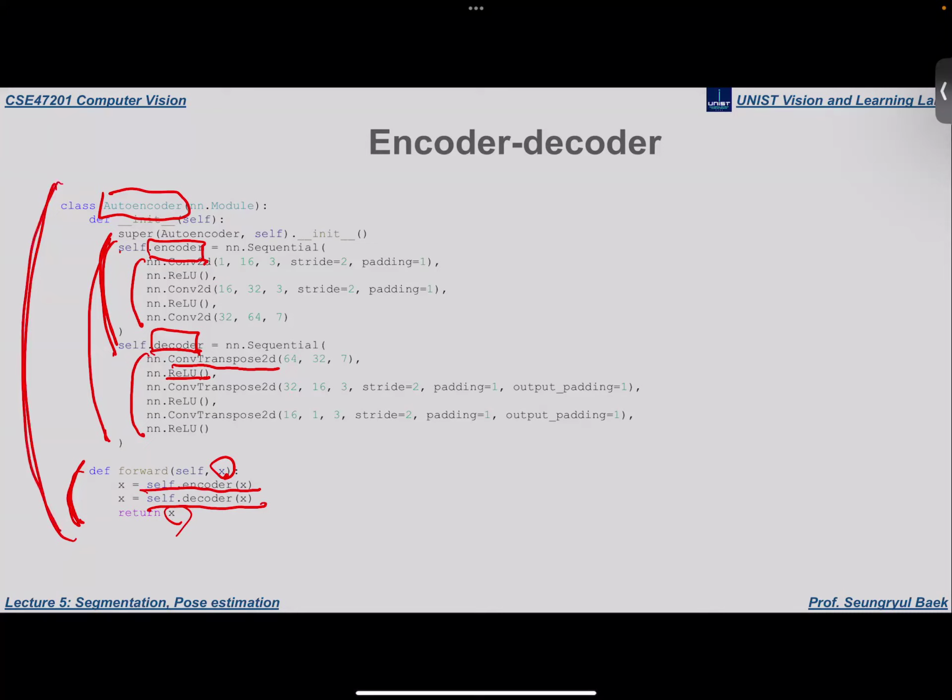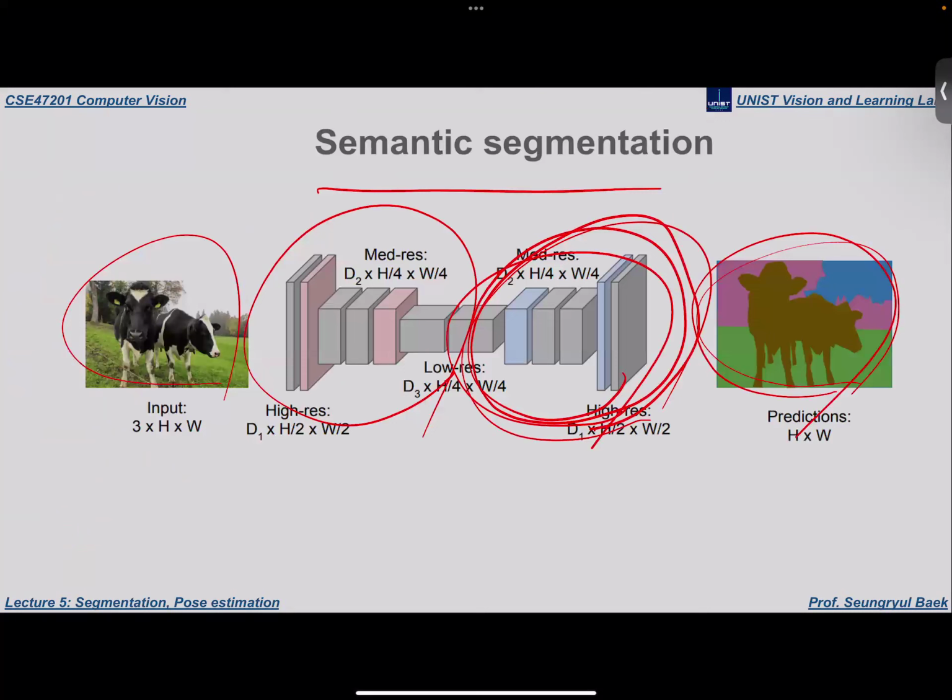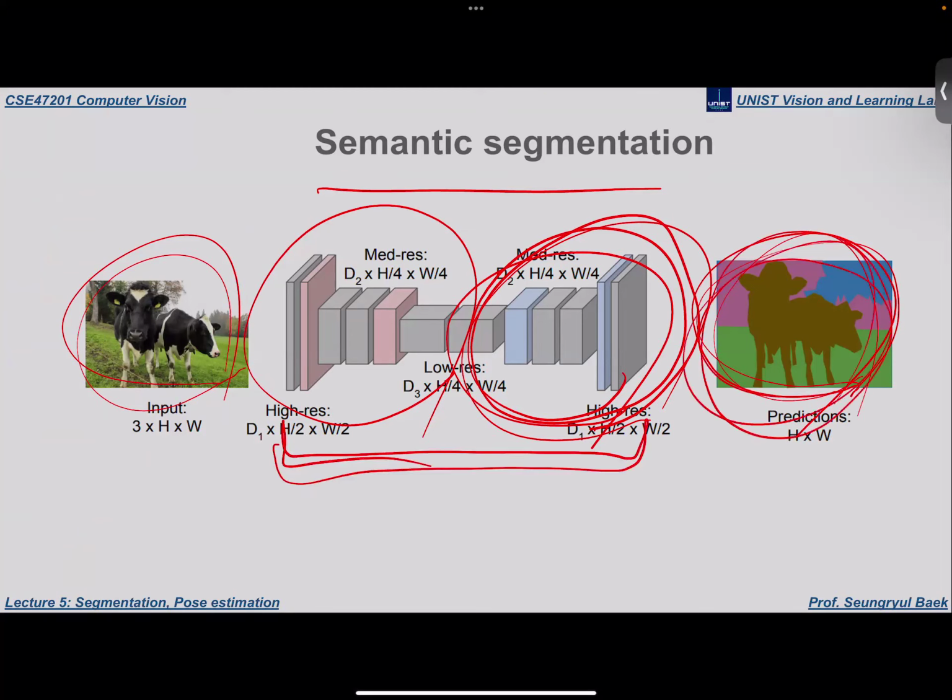So maybe in the assignment, you can use this kind of encoder-decoder network, and by supplying this kind of segmentation data, train this network to output this kind of segmentation prediction. The optimizer and the training code might be the same as before. Are you guys following this?